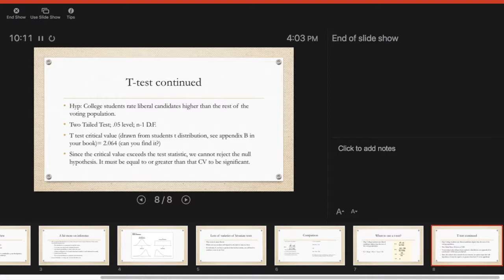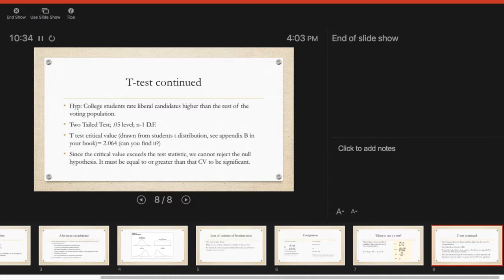And that corresponds to 1 degree of freedom. Let's talk about degrees of freedom for a second. Degrees of freedom are defined differently in different tests. In this particular test, they're defined as the number of observations minus 1. So we have, in this case, an n of 25, so 25 minus 1 is obviously 24.